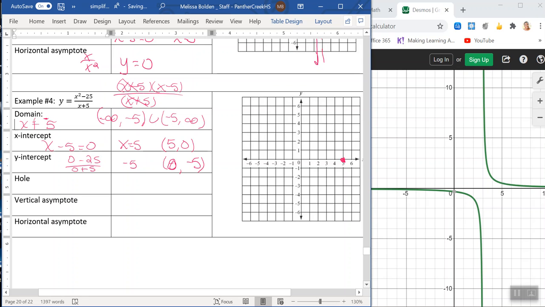I do have a hole this time, so I have a hole at x plus 5, which happens at x equals negative 5. That should be positive 5. We'll see in a second. That's why we graph it to see. All right, so our hole is at x equals negative 5.